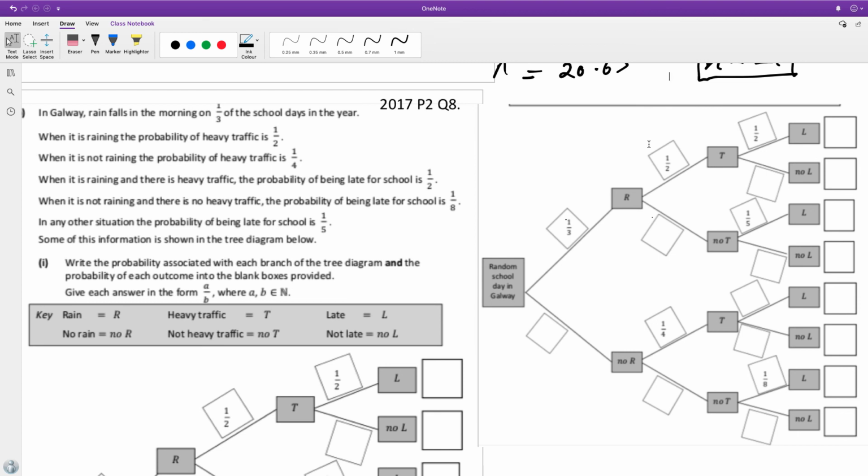So, out of that then, the probability that there's heavy traffic is a half. Probability there's no heavy traffic then is a half. If there's rain and there's no traffic, down here is no traffic.